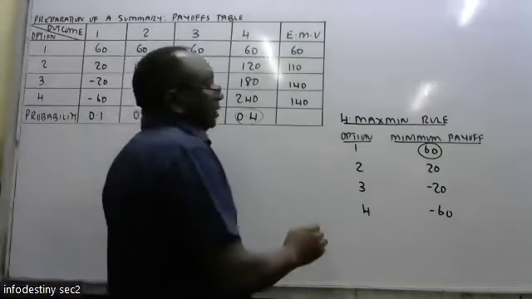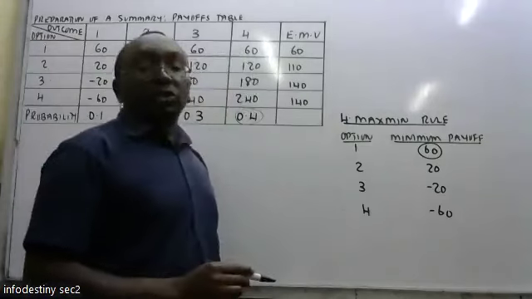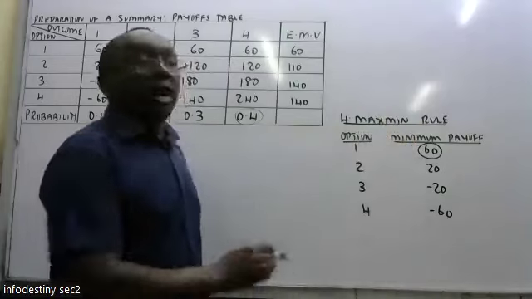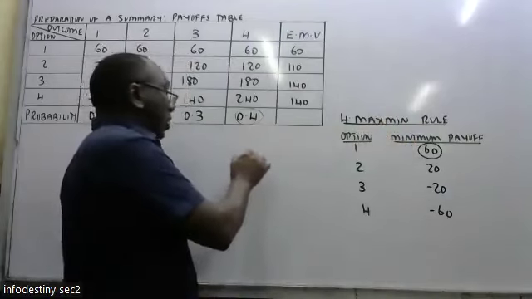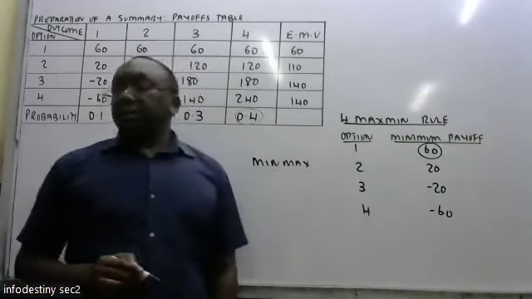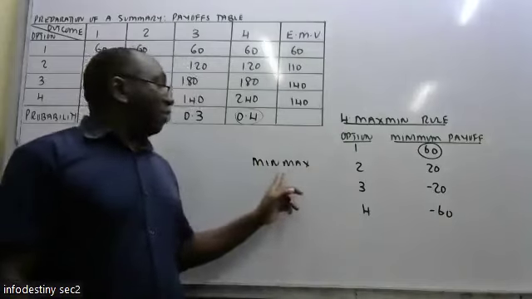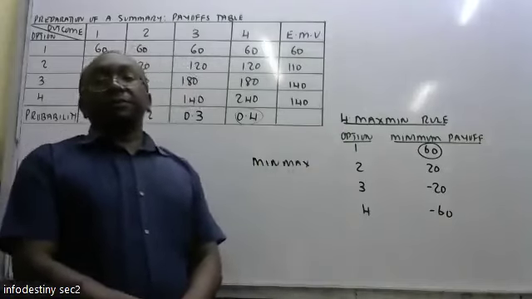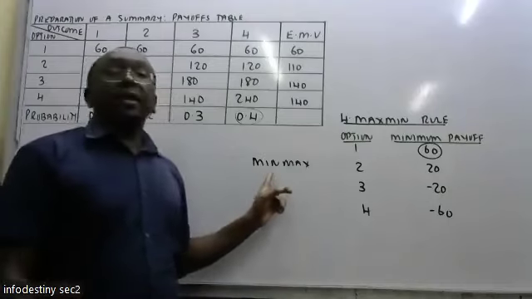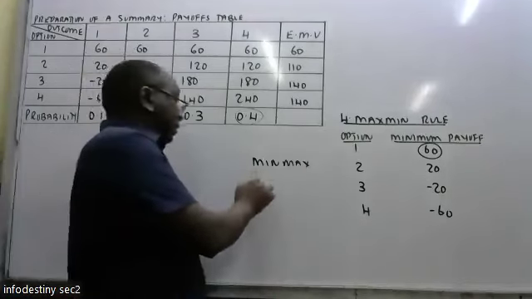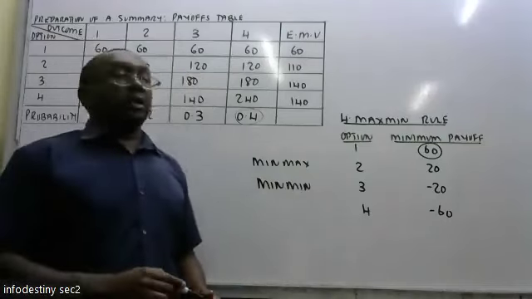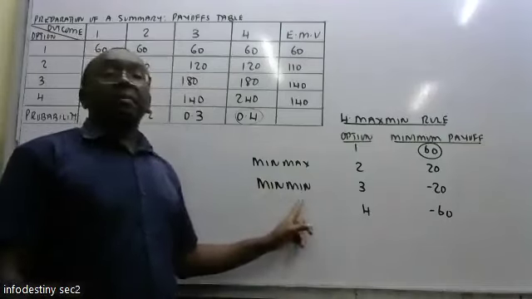The next thing is these rules. You see the first one was max. You can also get another one, although we are not going to use it, which is min max. Min max says you get the minimum of the maximums. So we already have the maximums we extracted, so you go there and get the minimum. The other one is min, where you go for the minimum of the minimums.